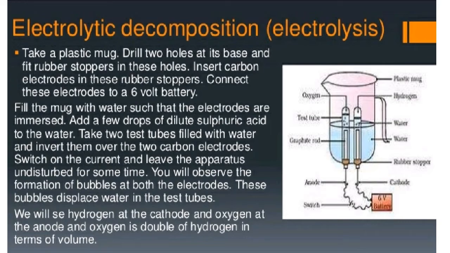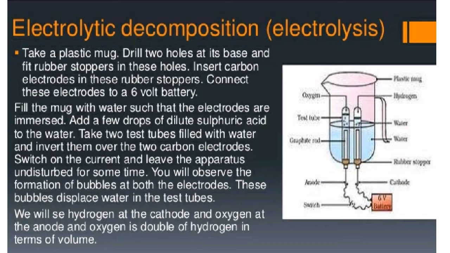Second type of decomposition reaction is electrolytic decomposition reaction. These are those reactions which take place when electricity is passed through the compound in the molten state or aqueous solution. Here I am giving you an example of electrolytic decomposition of water. We'll take a container and fit two electrodes in it and connect these electrodes to a battery.